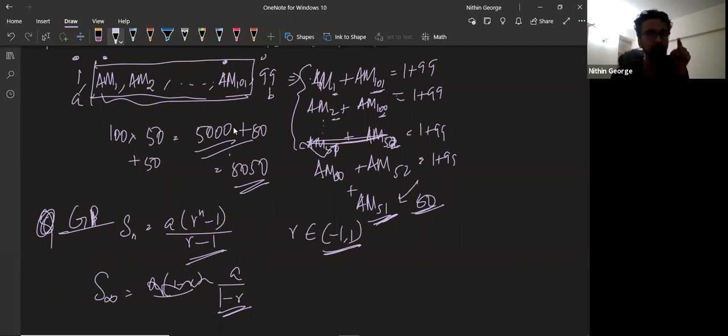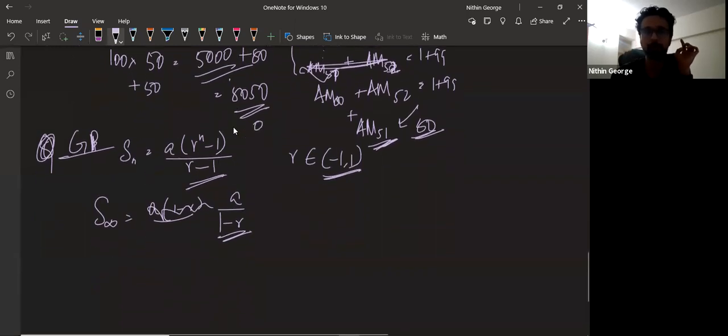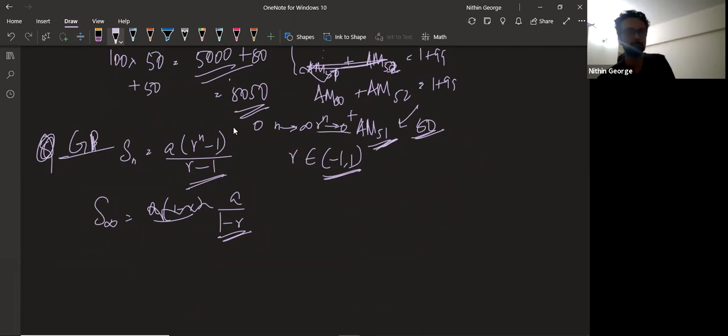That is why you get a finite value here. So S of infinity will come out to A by 1 minus R. Just put R power n as 0 and you'll get the same answer. Now, if three terms are in GP, you know, B square equal to AC.